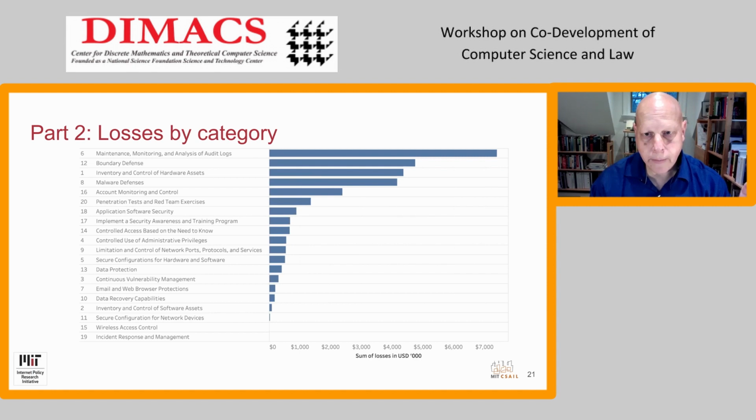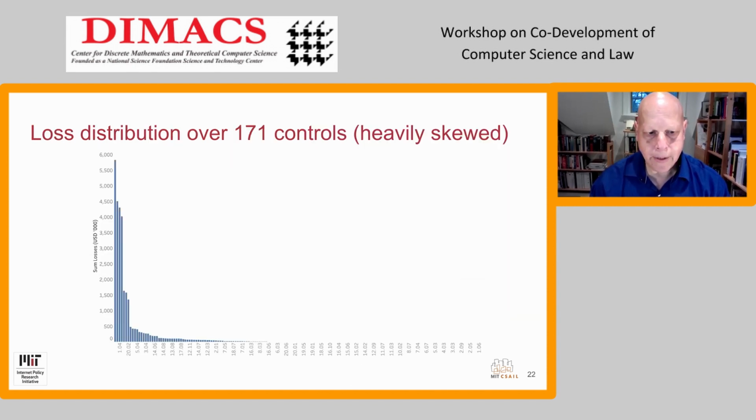We also found that the monetary losses, so this is not a measure of the number of intrusions, but the total dollar cost of the losses, were clustered in this small number of controls. And you can see here the loss distribution was heavily skewed towards a very small number of controls.